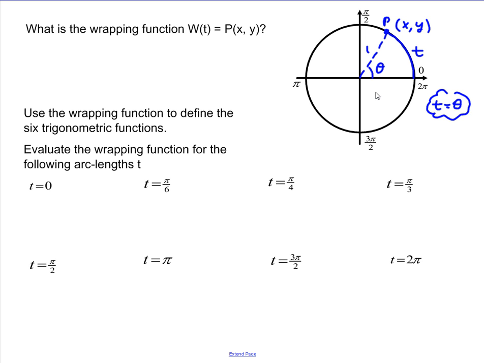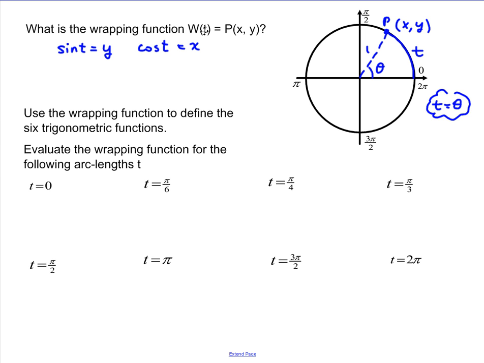So what could we say about it? Well, we had just previously defined in our last video that sine of t is equal to y, and that cosine of t is equal to x.